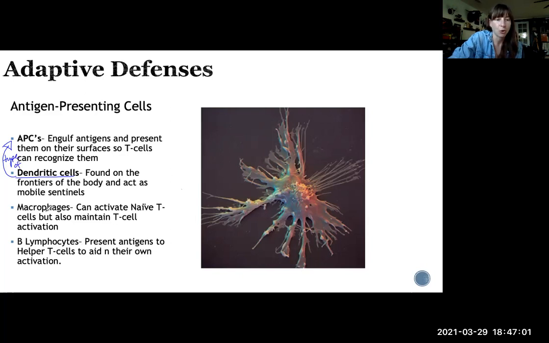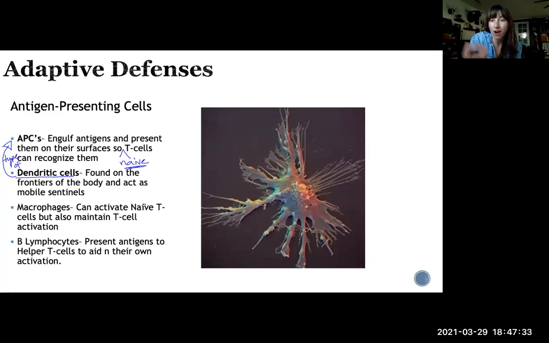So your macrophages, or these dendritic cells, all APCs, they are going to bring that antigen, or the chunks of the antigen, to the T cell, to a naive T cell, to show it its first antigen. Okay, so if the T cell encounters it on its own, it won't recognize it.